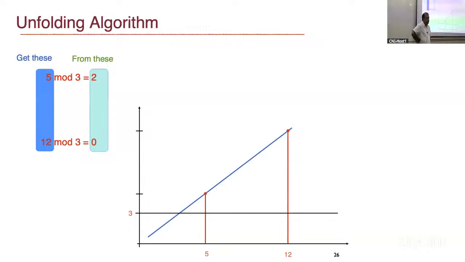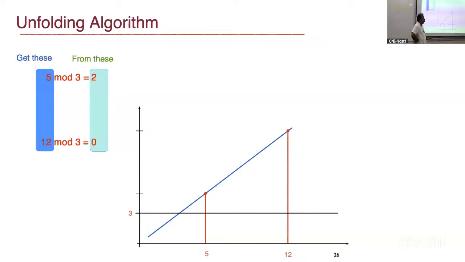Now, if you know lambda is equal to 3, this is folded by 3, and I give you 2, what are the possible solutions? 8, 5, and all those things. So keep on adding multiples of 3 to 5, and all of those will give you 2 only. Similarly for 12: 12, 15, 18, 21, everything. Mod of that will give you 0.